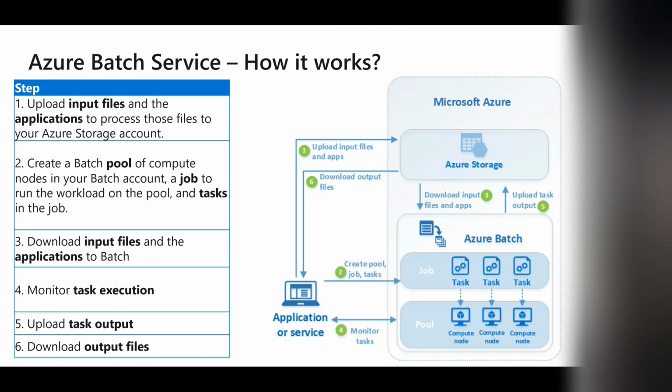As you can see here, first you upload input files or any data that you want into the storage account, and then you create the pool, the job, and the tasks. The tasks start downloading any inputs from the storage account where you uploaded them, and then start uploading the output files, and that's how the circuit completes.